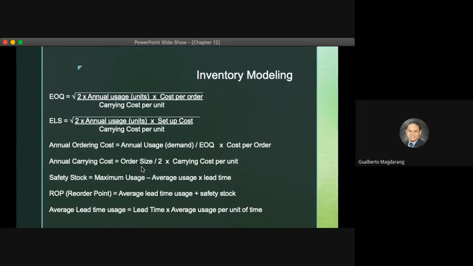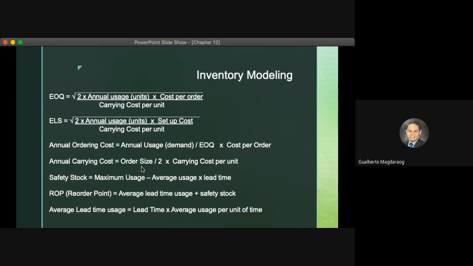And then part of the analysis in the inventory modeling is the computation of the safety stock, which is the maximum usage minus the average usage times the lead time. This is the numbers of units needed while waiting for the arrival of your order. That is why they call it safety stock.